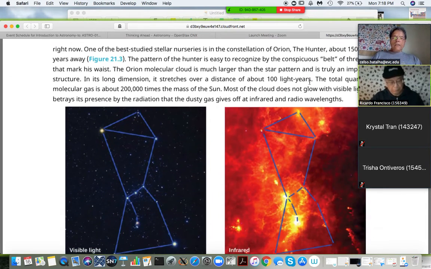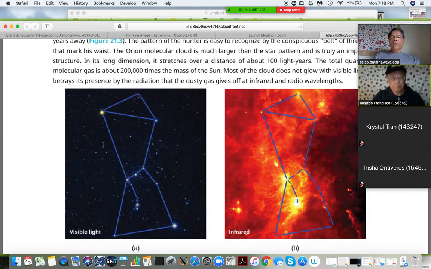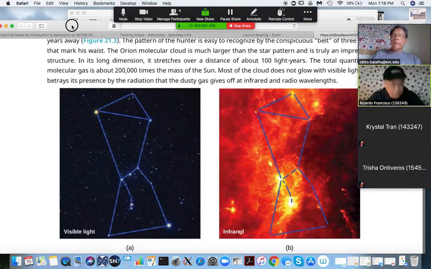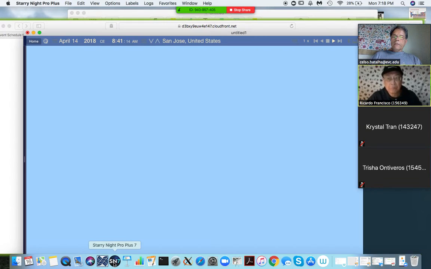So Orion is a site of star formation. If you look with the naked eye, this is what you see. In fact, let me see if I can bring that up. There you go. April 14. Now we are at the 16th.